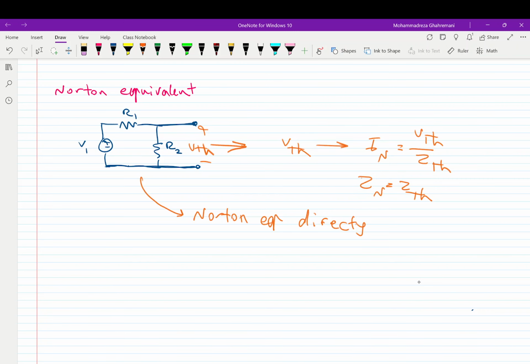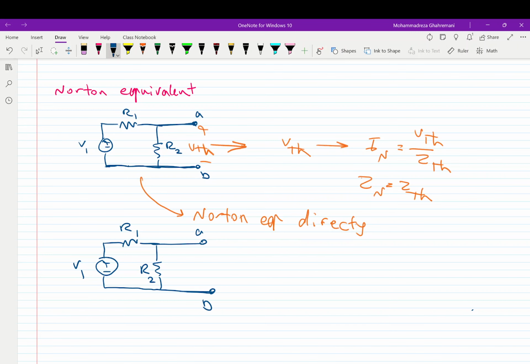If we want to find the Norton equivalent directly, we have our circuit, just as an example, and points A and B, which we use to find the VThevenin here.